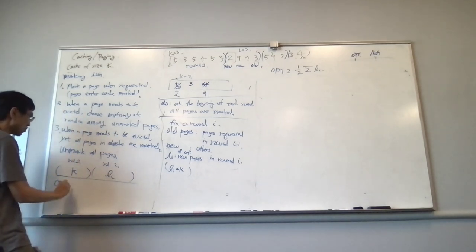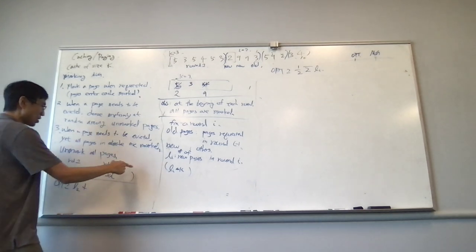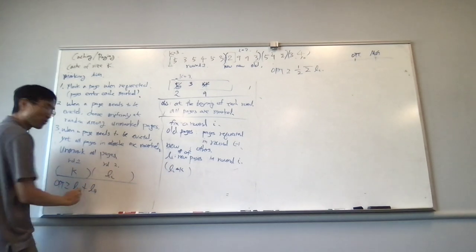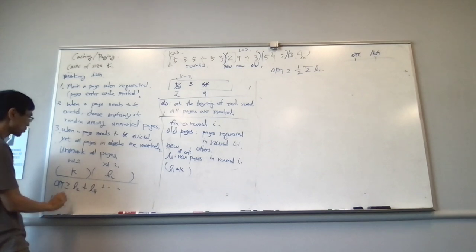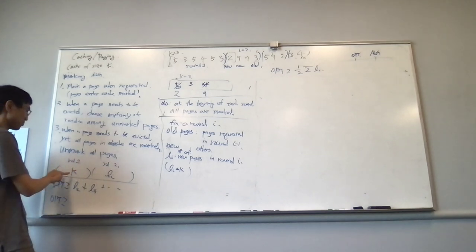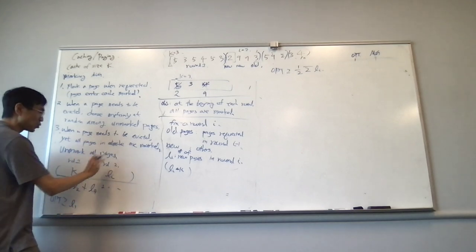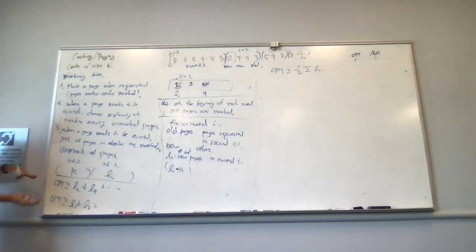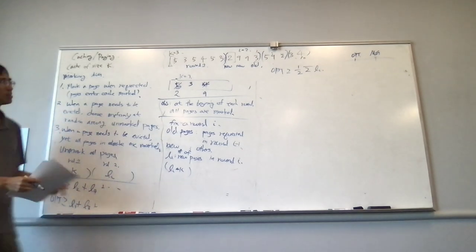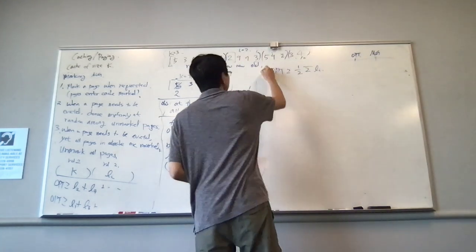If you look at round 1 and round 2, it'll make at least L2 page faults, and if you look at round 3 and 4, it'll make at least L4 and so forth. And also, if you look at only round 1, you get L1. If you look at round 2 and 3, you get L3 and so forth. So by adding up the two and then dividing by 2, you get this. Good. This is done.